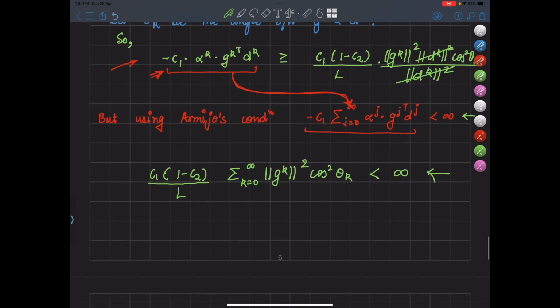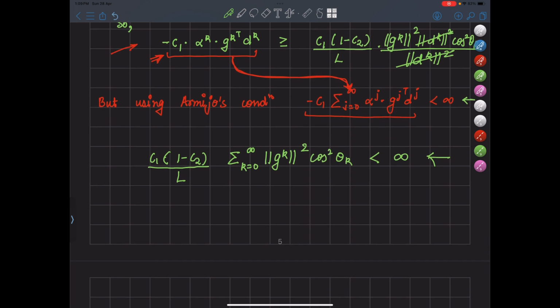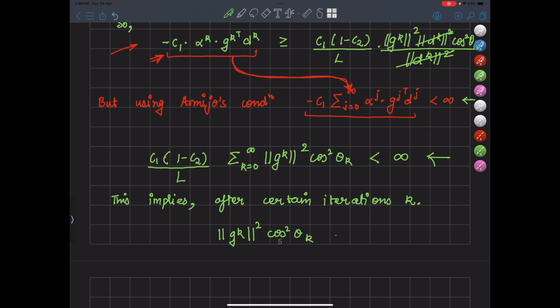Now this means after certain iterations k, ||gk||² cos²θk tends to 0, right?